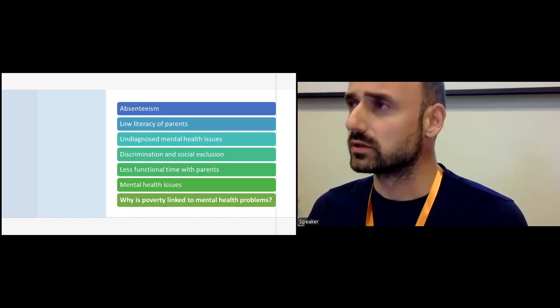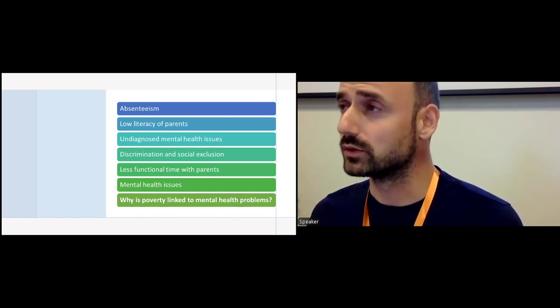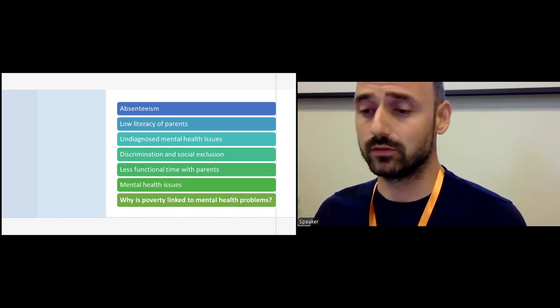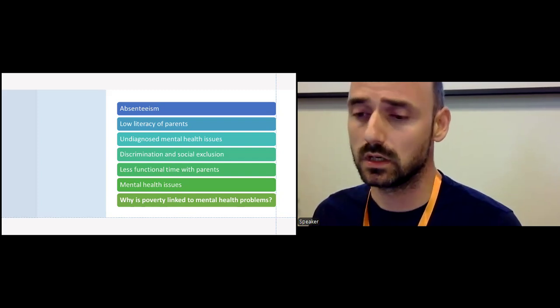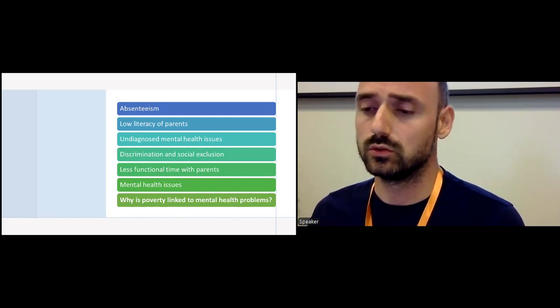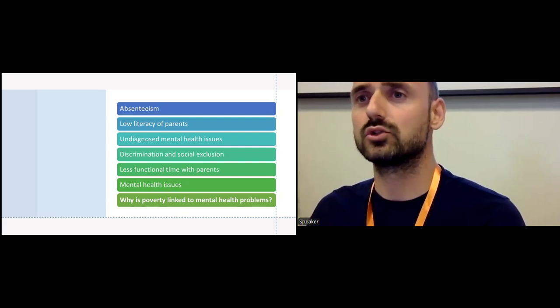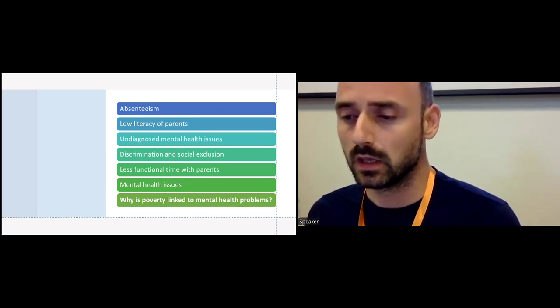Discrimination and social exclusion, that happens a lot. Even if we don't want to see it, it is there, it is everywhere. Discrimination and social exclusion based on their social classes. Less functional time with parents, and due to this, a lack of functional relationships with parents and inside the family.